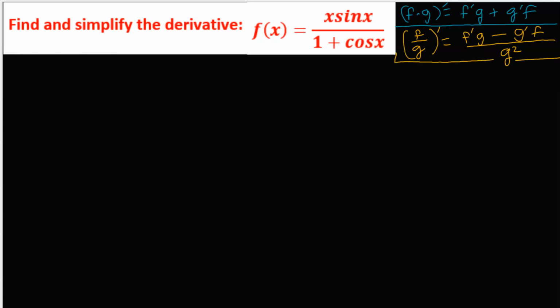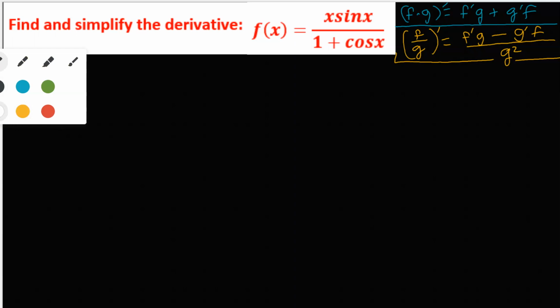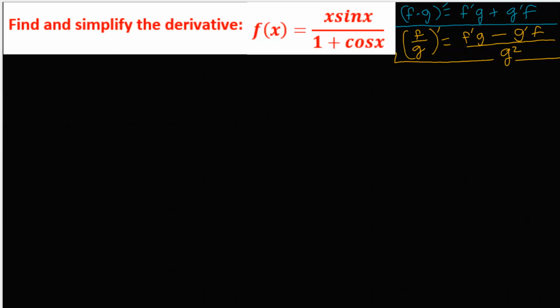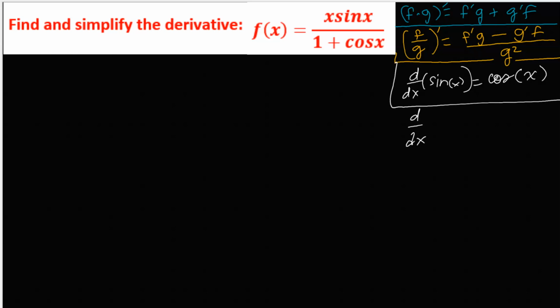The next thing that we should know are basic derivatives for these functions. So we know that the derivative of sine of x is cosine of x, and the derivative of cosine of x is negative sine of x.